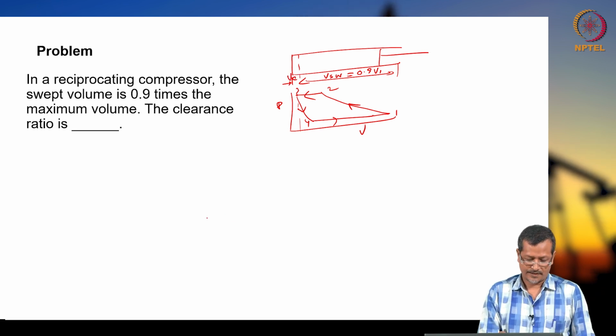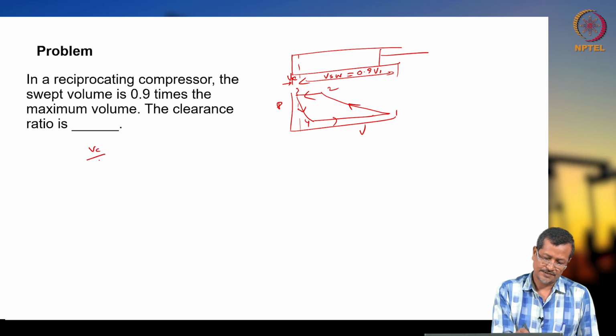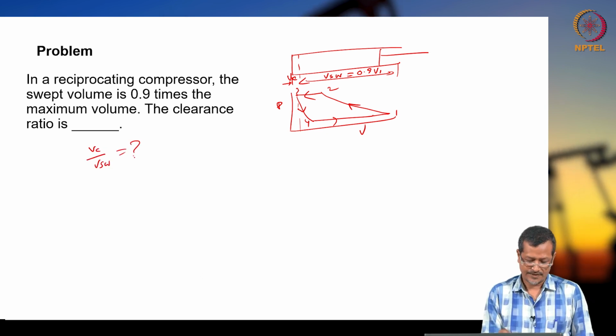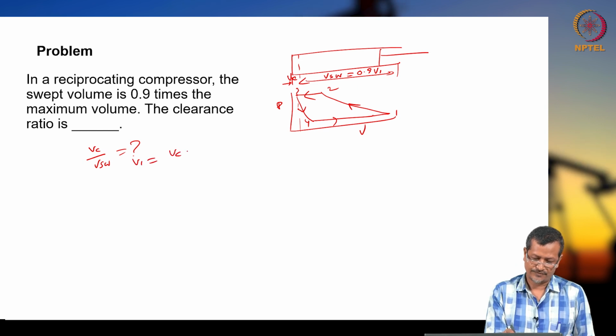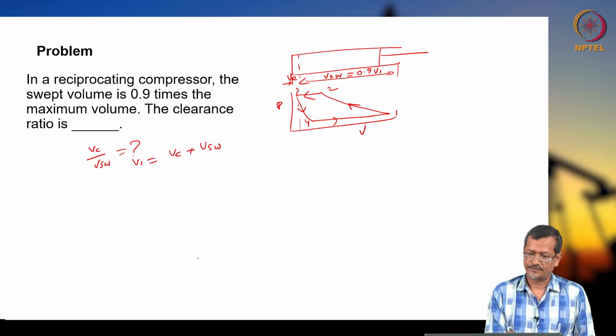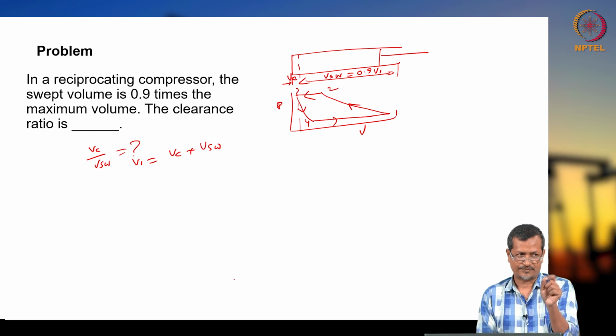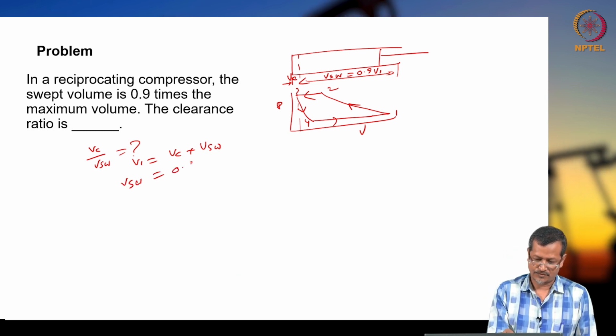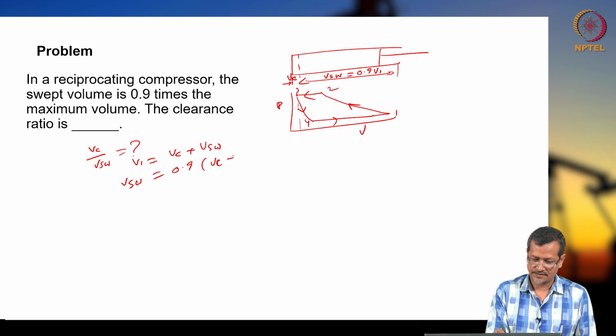So they are asking VC by VSW. V1 equals VC plus VSW, the total volume. So VSW equals 0.9 times (VC plus VSW).